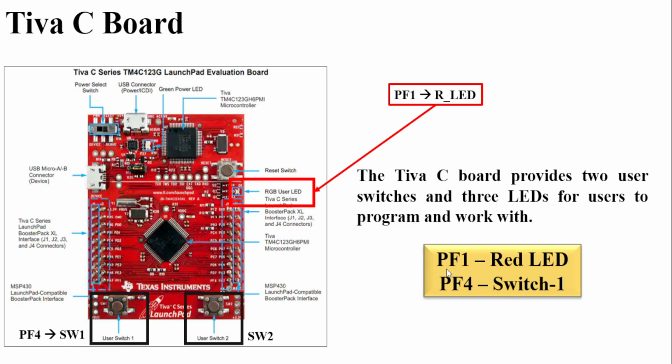So remember, we are going to write a program to toggle the red LED connected at PF1 using switch 1, which is provided at PF4, or port F's fourth pin.